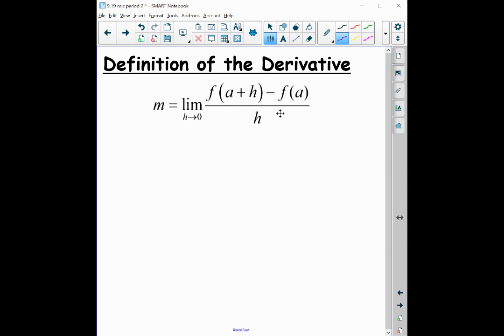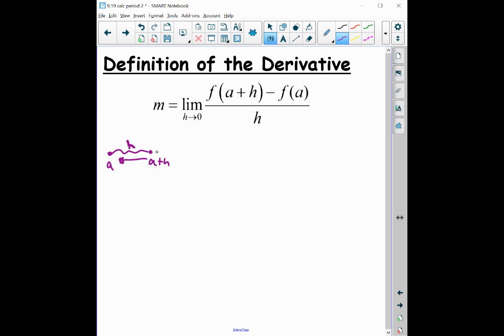If you remember, I'm going to keep saying this over and over again because I really want you to understand where this definition comes from. It's saying I have a point A, and then a point that's h spaces away at A plus h, because A moved away h spaces would get us A plus h. I'm finding the slope, and then I'm shrinking the distance between those two.